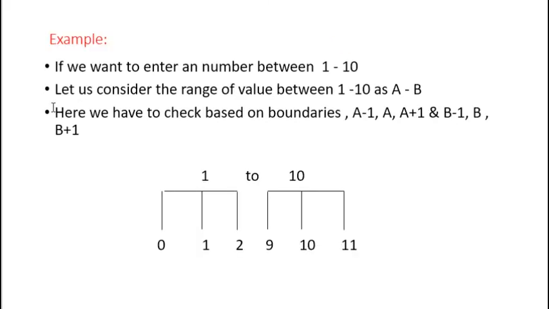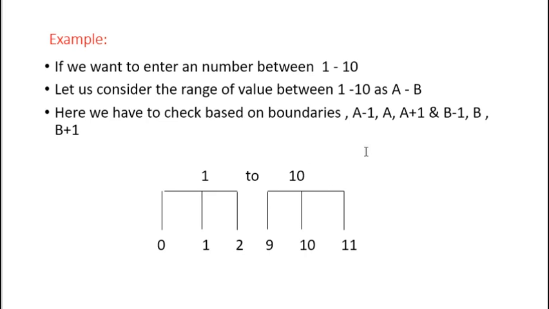If we want to enter a number between 1 to 10, let us consider the range of values between 1 to 10 as A to B. Here we have to check based on boundaries, that is A minus 1, A, A plus 1, B minus 1, B, B plus 1. Here A minus 1 is 0, A is 1 and A plus 1 is 2.